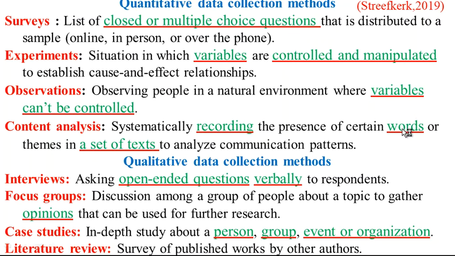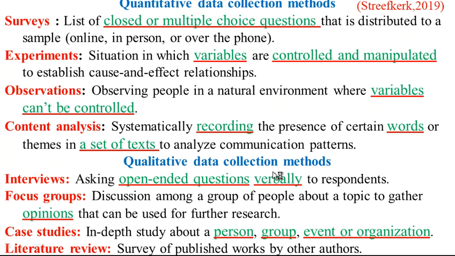For example, if you analyze a book or several books, the researcher is looking for specific themes or words in order to analyze communication patterns, and then display all these words in tables and count them.